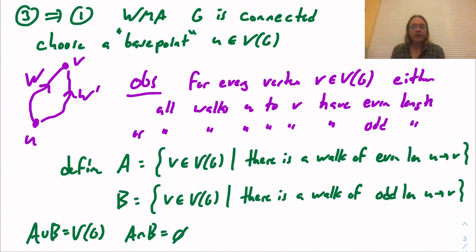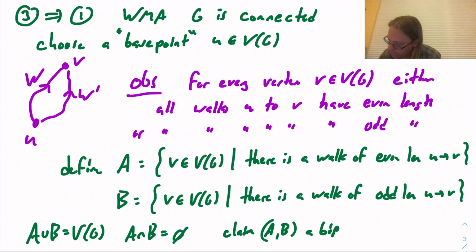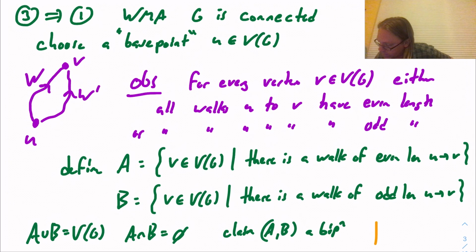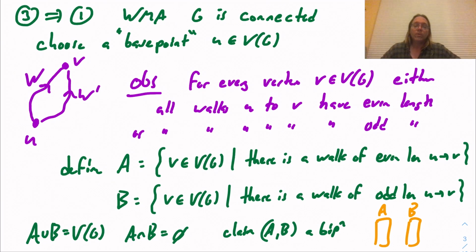Now, what I claim is that in fact A comma B is a bipartition. And I'm just going to draw a picture here to indicate why that's true. So why is it the case that you could not have an edge joining two vertices in A?